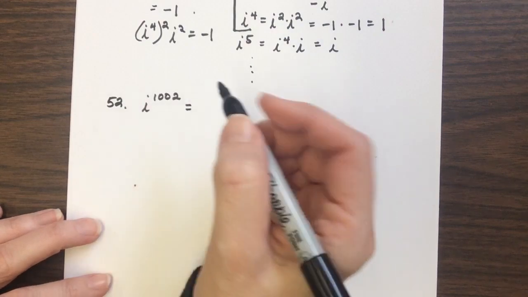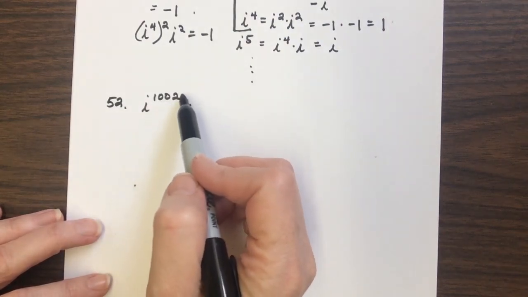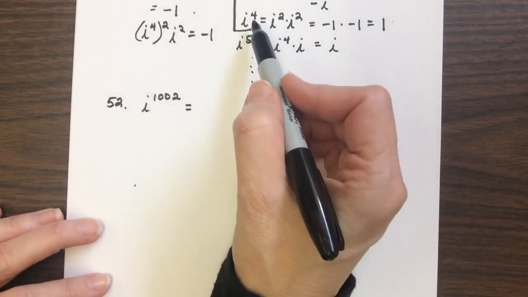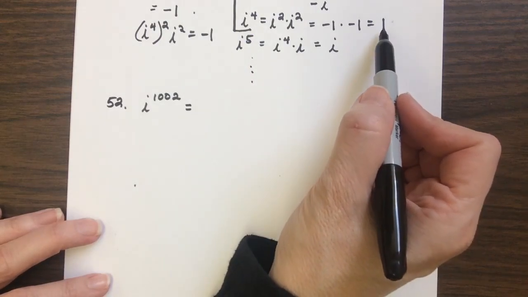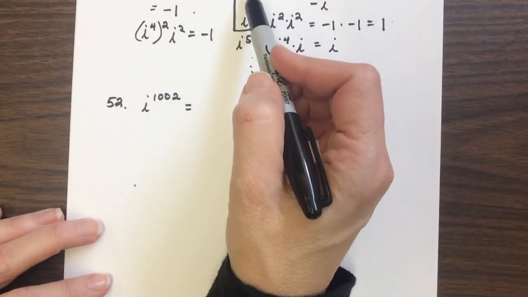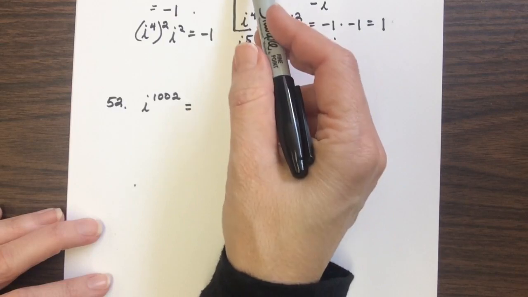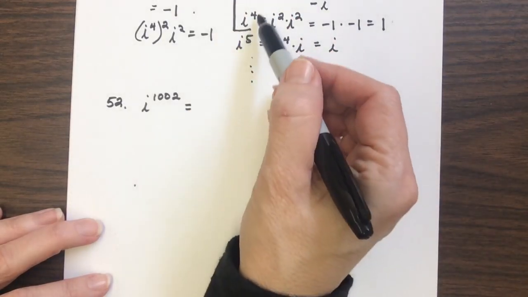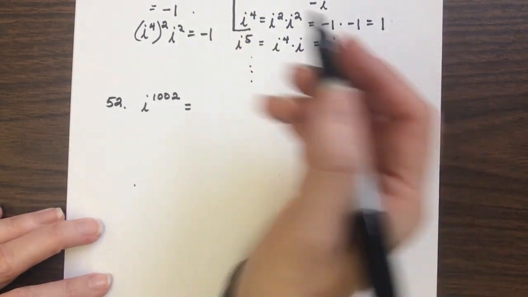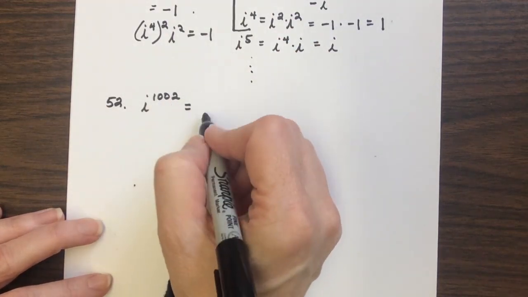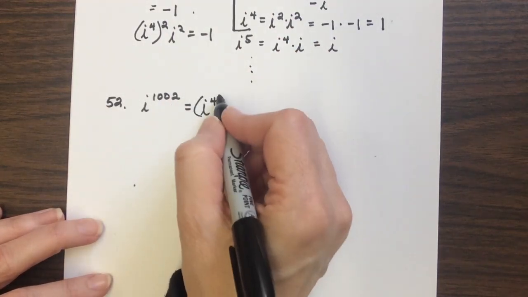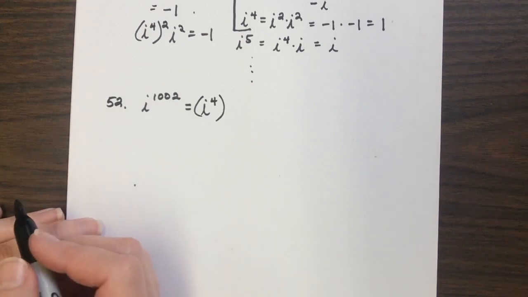Alright, what I'm thinking is I want to break this down into i to the fourths, because i to the fourths are 1, and then if I have any left over, then it's going to go back to one of these 3. Otherwise, I'd have another 4 in there, really. So how many 4s do I have in 1002?